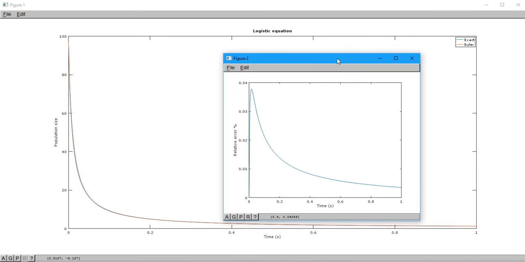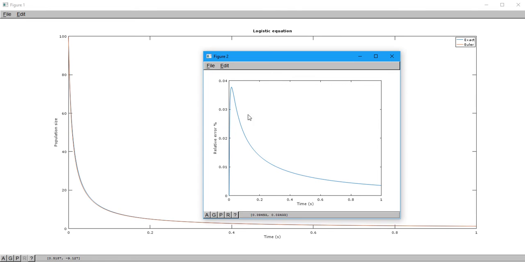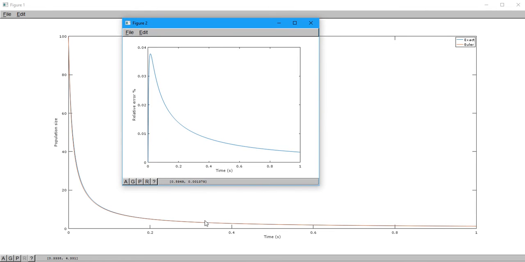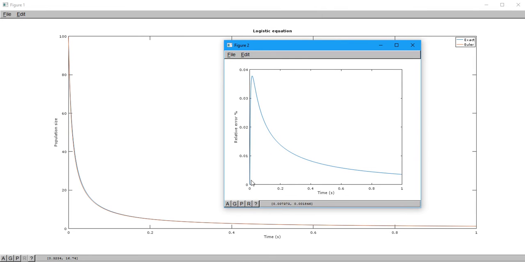So this is our step size, and we can see, okay, this is a relative error, and it is no longer linear. So it means that once it gets to this point, it actually approximates the solution quite well. It really depends on the type of equation you're solving, but you can clearly see that this is really good. It only goes off when it gets to this point, but after that it starts to converge to the exact solution again.